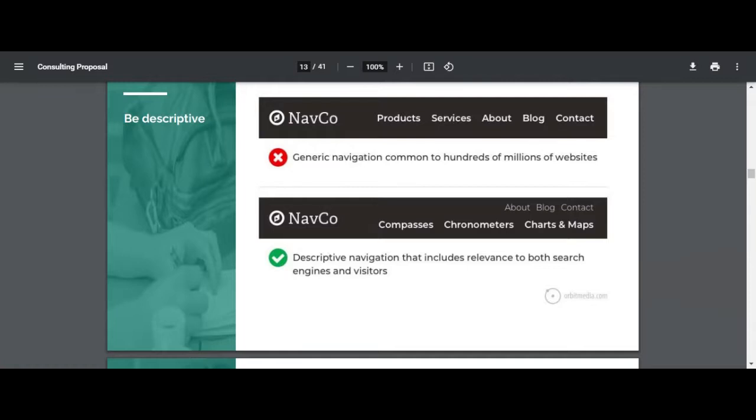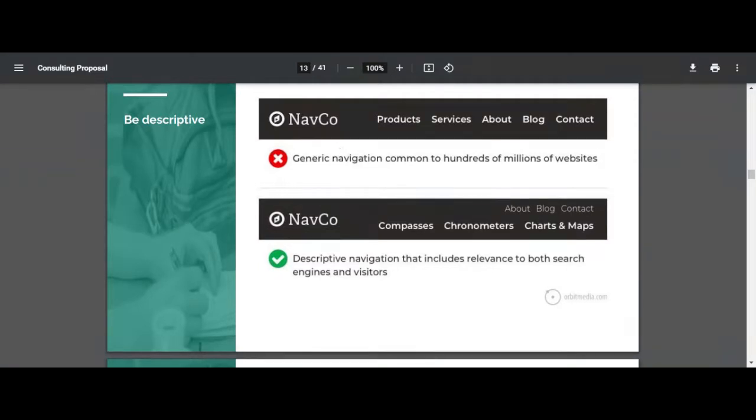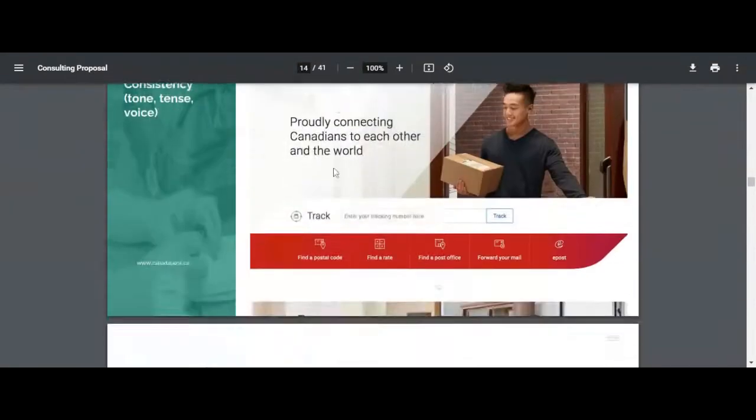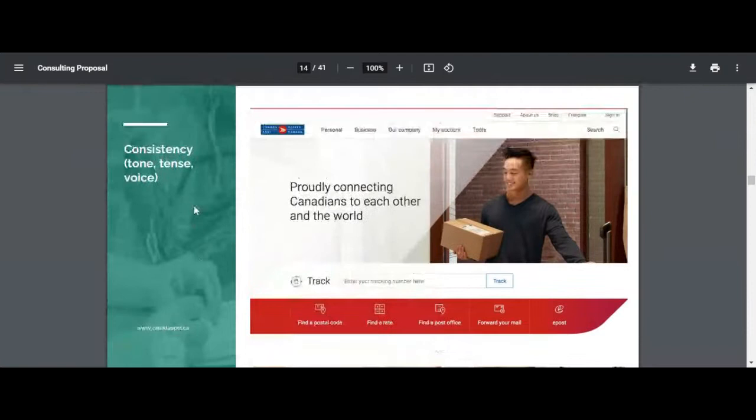So the choice that you make on your navigation will influence Google when it goes through your site and understands your site is about selling compasses, chronometers, and charts and maps. So very important. This is a good example of when you can list, then just list. You're just being more descriptive.